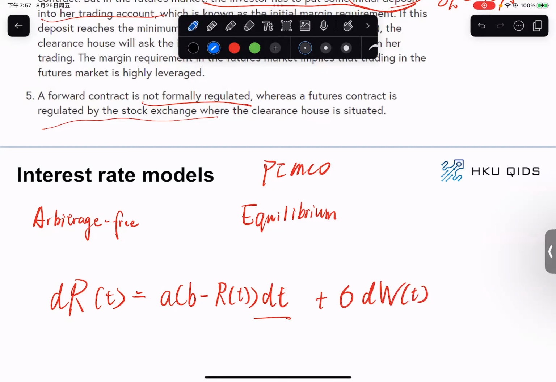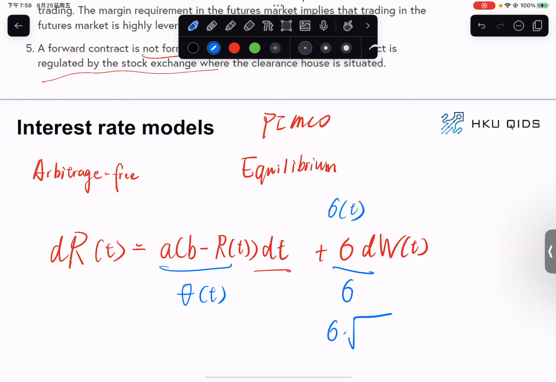The main difference is that, related to these two parts, you have different kinds of models. You have Vasicek, Cox-Ingersoll-Ross, Hull-White, different kinds of things. So this can be either theta t or some constant, and sigma can be a constant, it can be sigma t, or it can be sigma multiplied by some kind of reshaped item. It's all subject to the definition of each model, but the format is still the same.